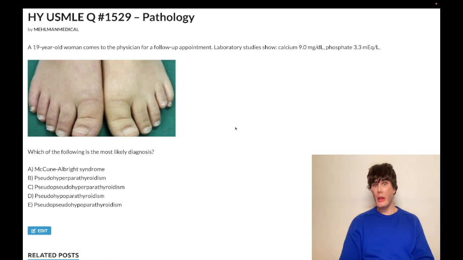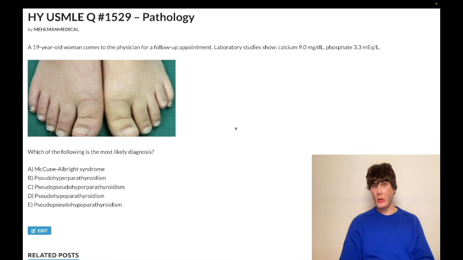And normally, PTH will cause urinary cAMP to go up because PTH acts through a G-alpha S G protein. So it causes urinary cAMP to go up. In the case of pseudohypoparathyroidism, where you have resistance to PTH, urinary cAMP will be low, and there will not be an increase in urinary cAMP in response to exogenous PTH.